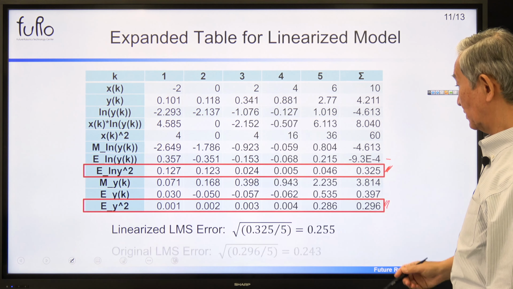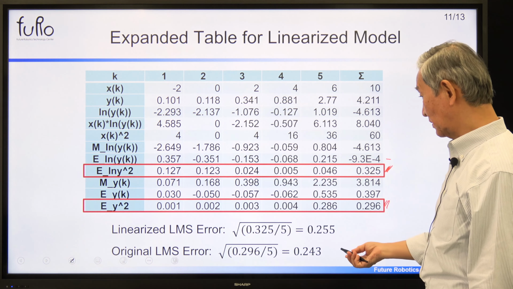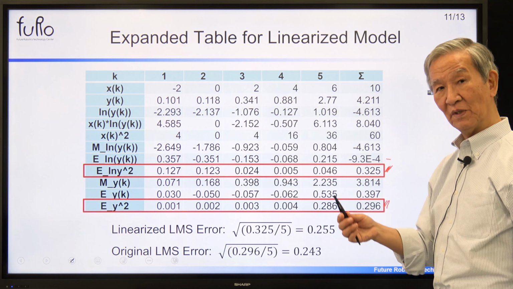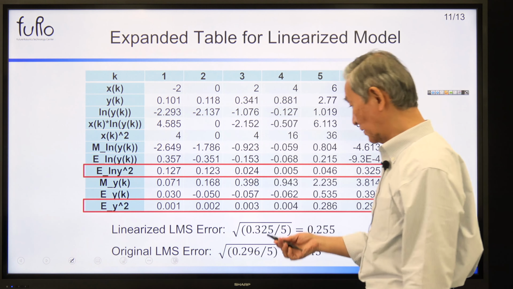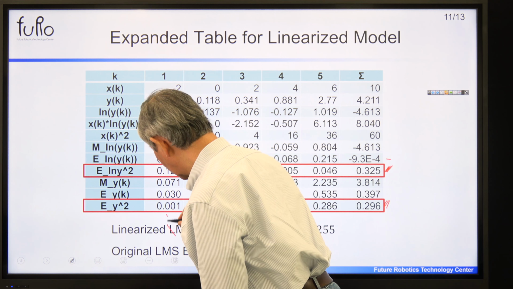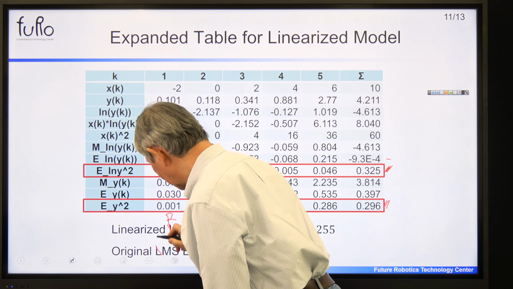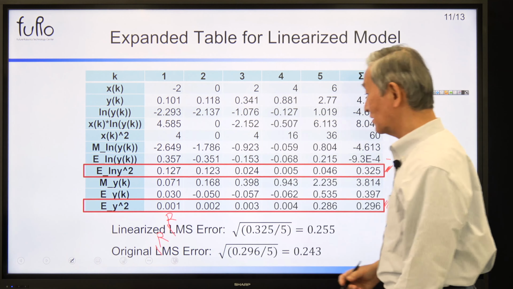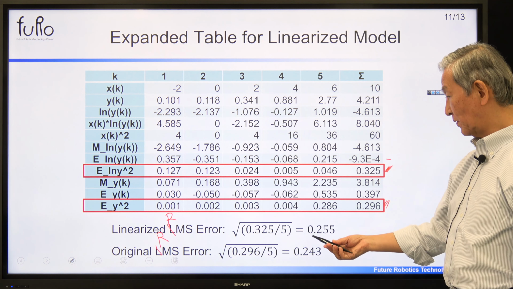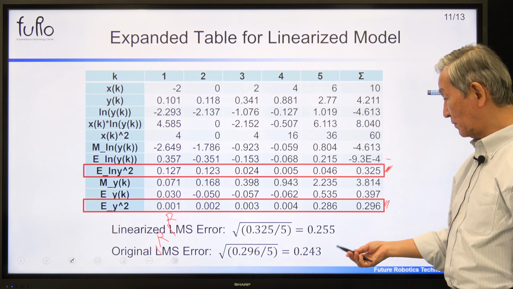Using this one here, the linearized RMS error, root mean squared error, is this one divided by 5, square root, which is 0.255.